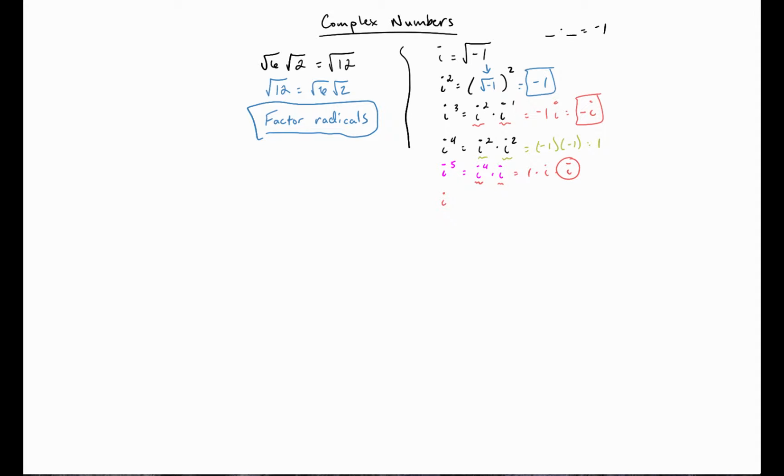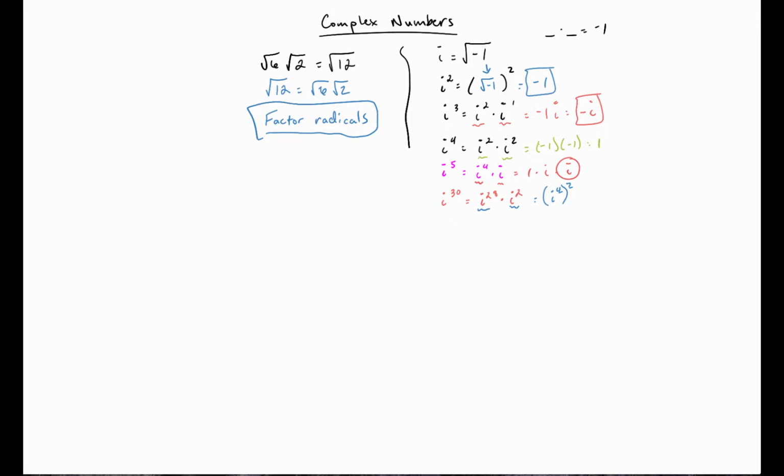I lied, I'm going to do one more just because this is kind of cool. What if I had i to the 30th, for example, right? Well, I could rewrite that as i to the 28th times i to the second, right? Well, i to the 28th is just going to be i to the fourth raised to the 7th power, because 4 times 7 is 28.